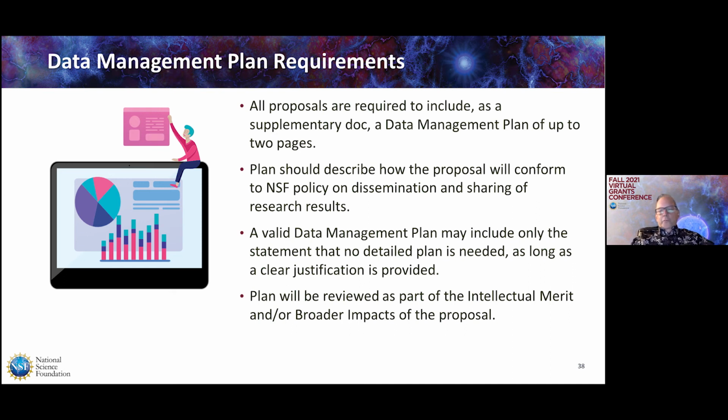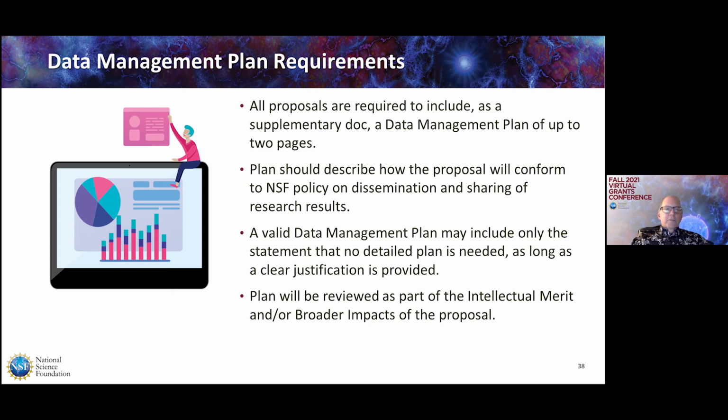It is possible that you may have a project that doesn't require a data management plan, but you need to specify that as the statement on the section for the data management plan in order for the proposal to be submitted through the FastLane system. So it may include a statement that no detail is needed as long as a clear justification is provided.